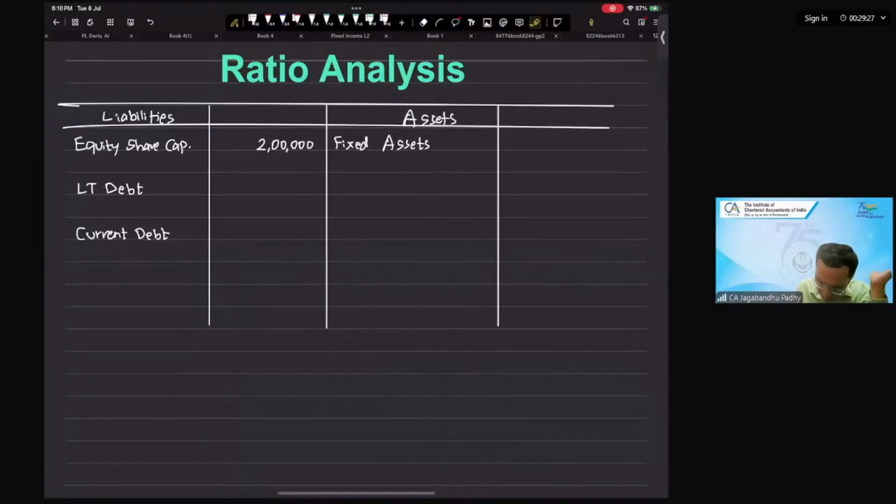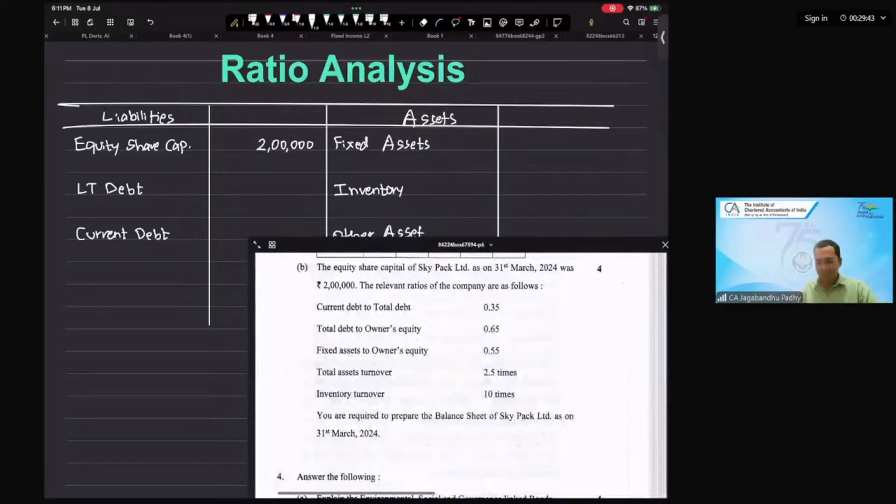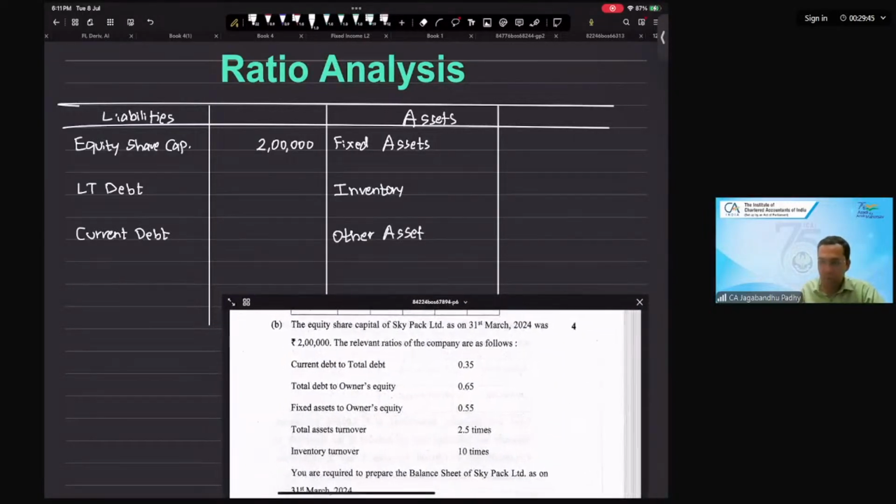So definitely we can get the value of inventory, and the remaining part can be other assets, as the balance sheet balancing figure. So how do we start solving this question?